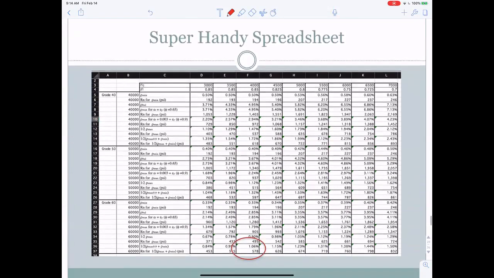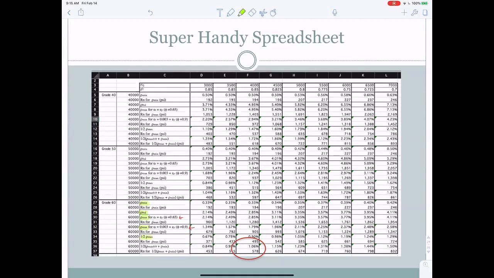So in this spreadsheet, it's the same thing. I have rho min, rho balanced, rho max. That's rho max for a column, and that's rho max if it's acting as a beam.